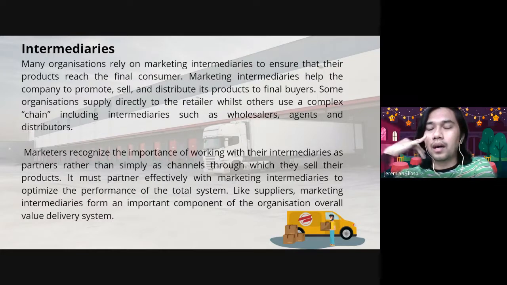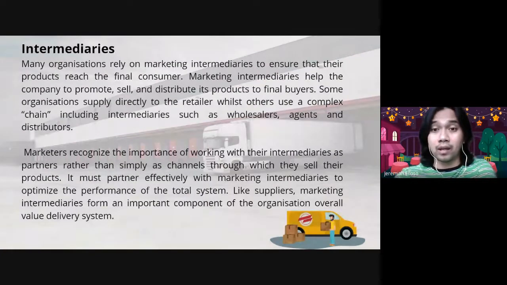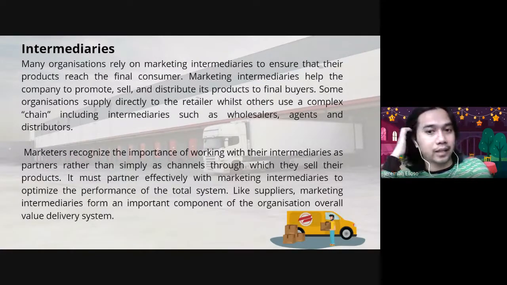So, ibig sabihin, mag-aangkat ka ng produkto kay distributor and you bilang reseller ay magpapatong syempre ng kaunting tubo, and this would be your products that you would sell to your customers using the online platform. Kaya nga online seller, di ba?